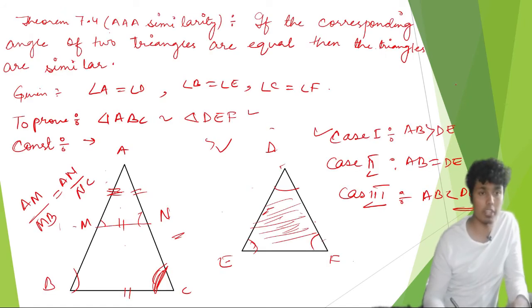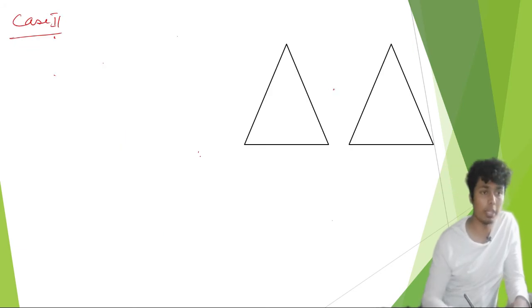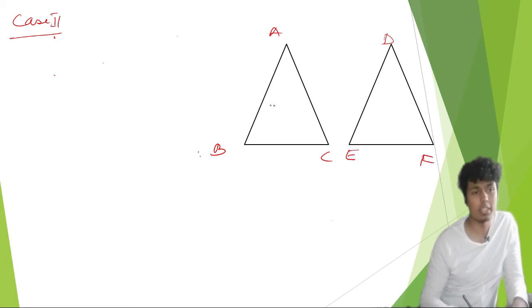What was our case 2? Previously I've given case 2: AB is equal to DE. If AB is equal to DE, then in triangles ABC and DEF, AB is equal to DE, AC is equal to DF, and BC is equal to EF.